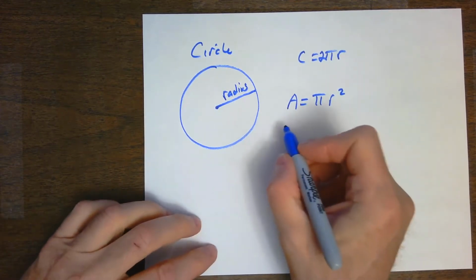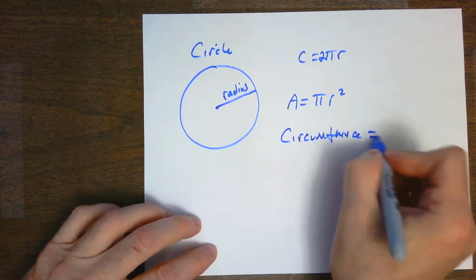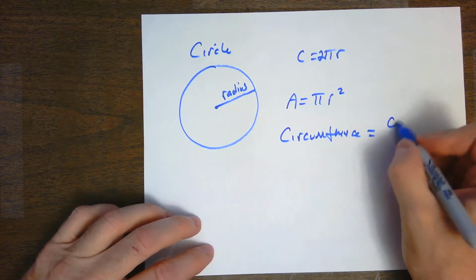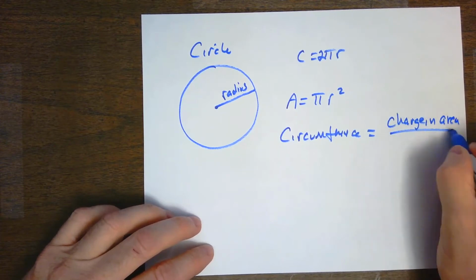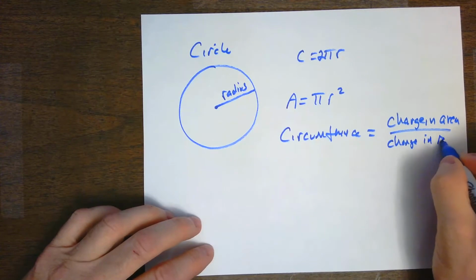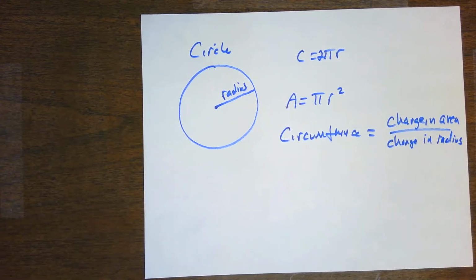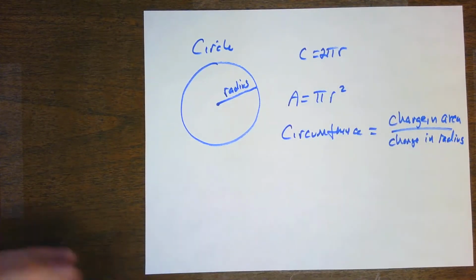In other words, the circumference, if I think about combining these, is going to be the change in area over the corresponding change in radius. So this can be implied from these formulas here, that the circumference is the change in area over the change in radius.